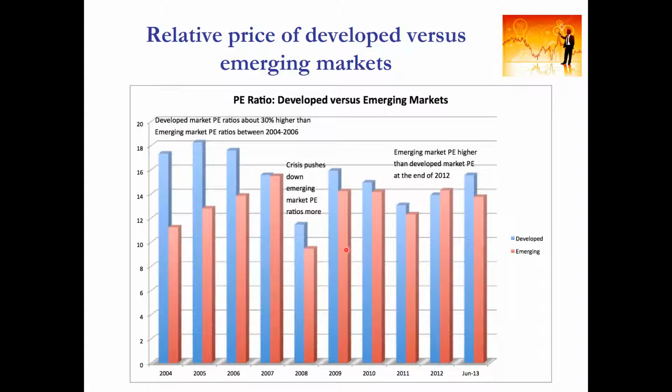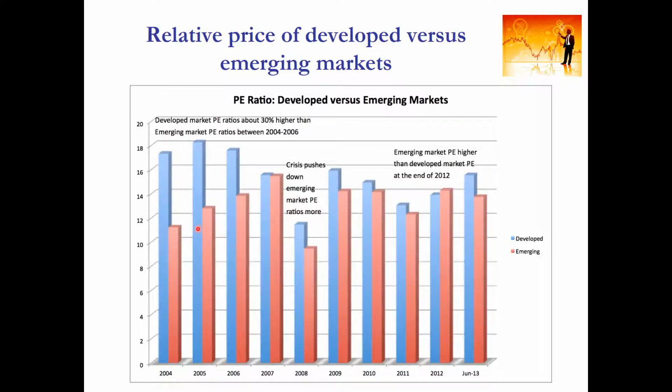Now, this graph shows a relative price comparison of the developed markets and emerging market stocks. So you can see here that these blue bars are indicating developed markets and the red bars are indicating emerging markets. And these bars basically show the average price earnings ratios for the countries.